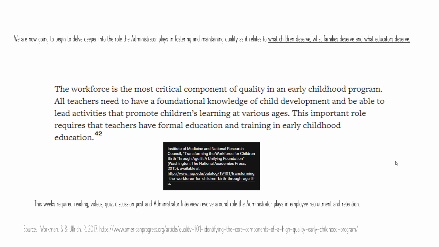So as you move forward in this week's content, continue to consider how important the recruitment and the retention of high quality early childhood educators is to the success of a program and the role that an administrator plays in that component.